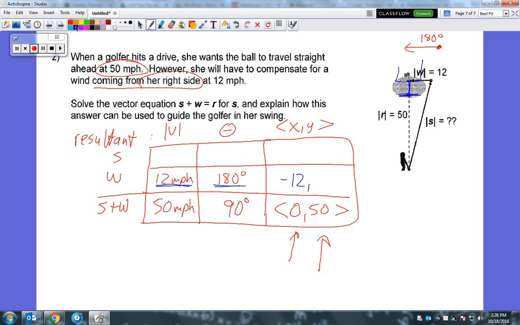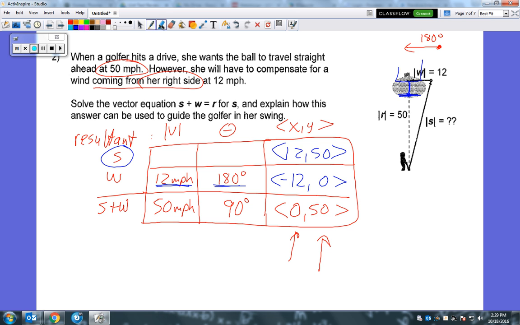You would already know because it's obviously horizontal. Those are easy whenever they're on the x or y axis. Cool? So subtracting this, what does your swing or kick have to be component-wise? 12, 50. Yep, 12, 50.